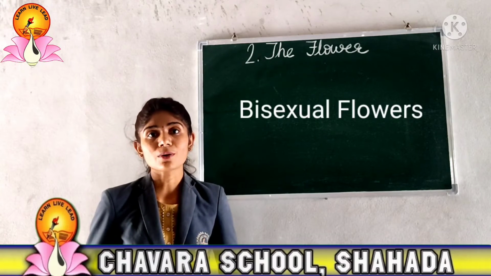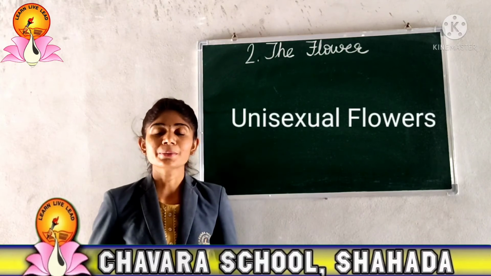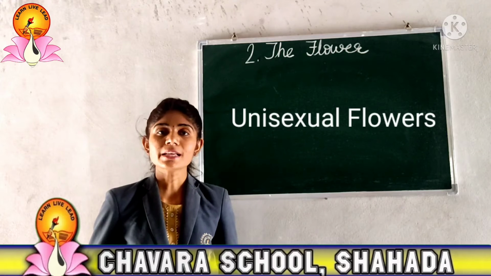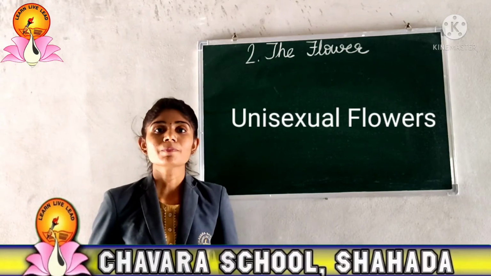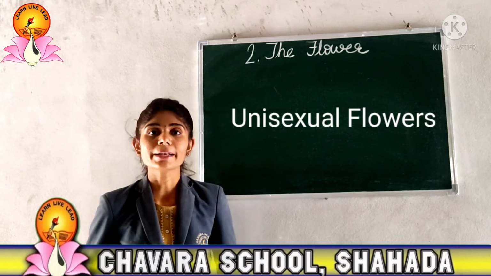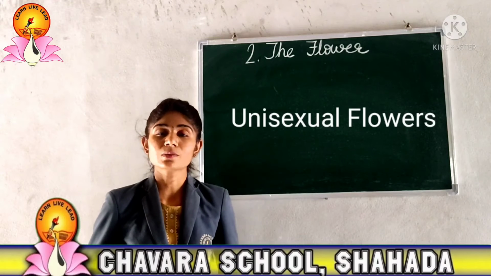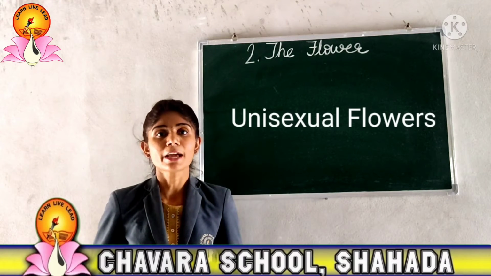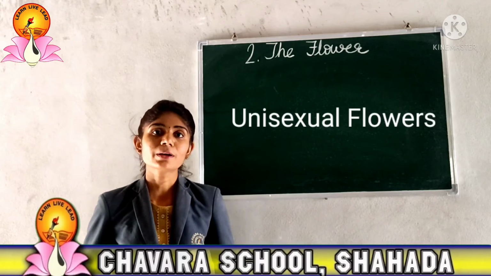Such flowers are called bisexual flowers. Second, unisexual flower. In some flowers, either the male or the female reproductive part is present. Means only one part is present in some types of flower. Such flowers are called unisexual flowers.